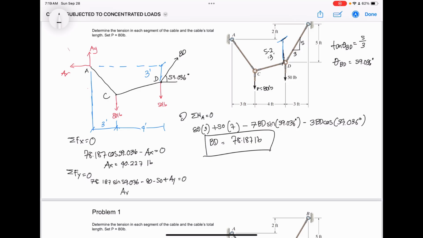We have AY equals 62.955 lb. Gawa tayo ng FBD at joint A.